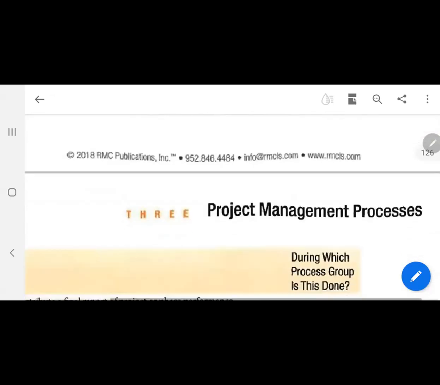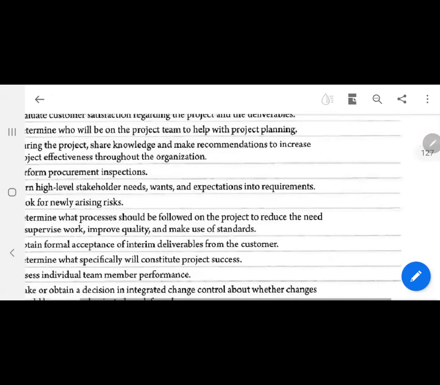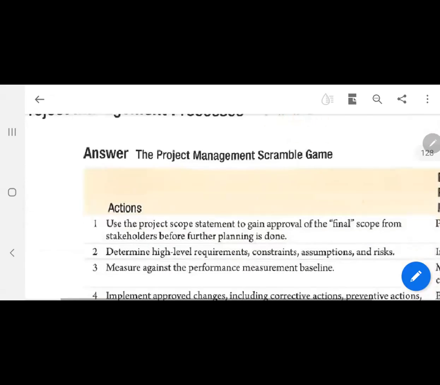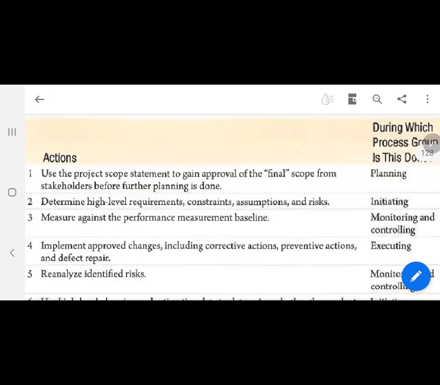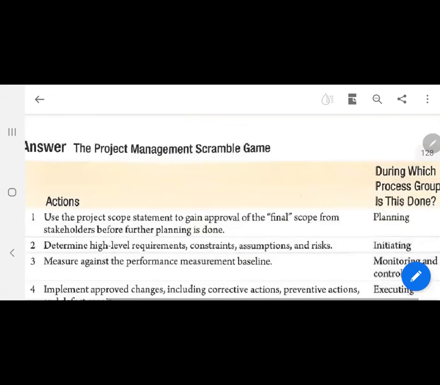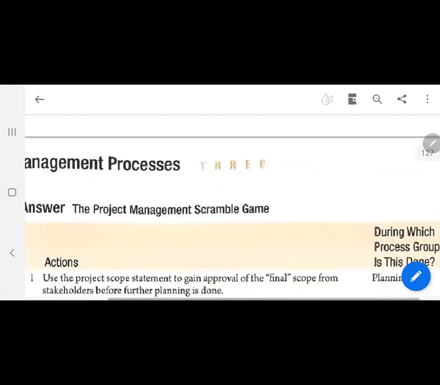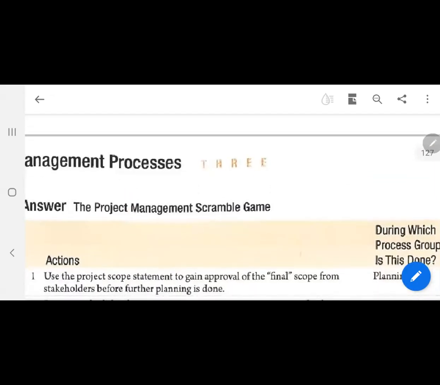Now look at what the answer in Rita gives you. It says planning, because you know why it is planning? The answer there is planning, because it said before further planning is done. Now, this is what we call the scope baseline.